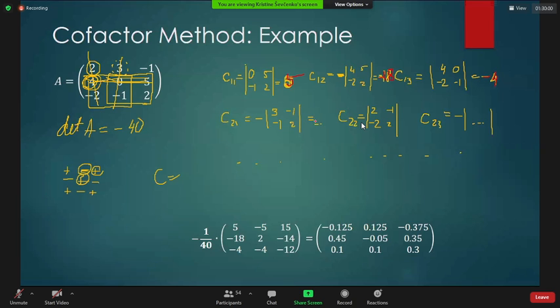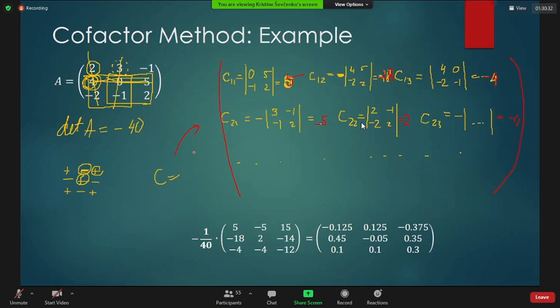Then I think this was minus 5, then this was 2, and then minus 4, and so on. But what we do now, we don't have to always rewrite the whole cofactor matrix. You can actually leave it as it is. Or you can make a nice table.